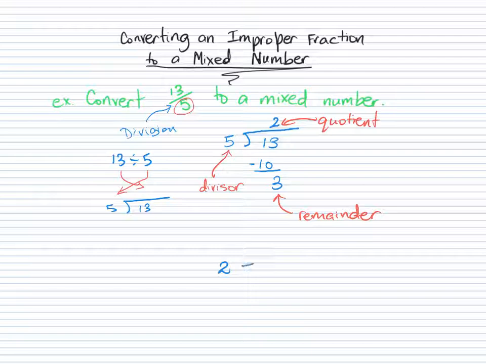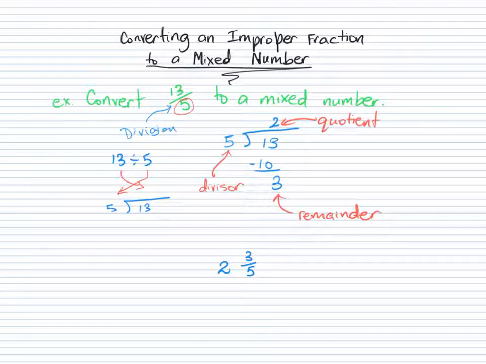The divisor initially was the denominator, and it will continue to be the denominator, and the remainder goes here. So to recap, when we did our long division, we had to figure out what the remainder was. The remainder goes on top of the fraction. The divisor remains at the bottom of the fraction, and our answer, the quotient, is the whole number part of our mixed number.